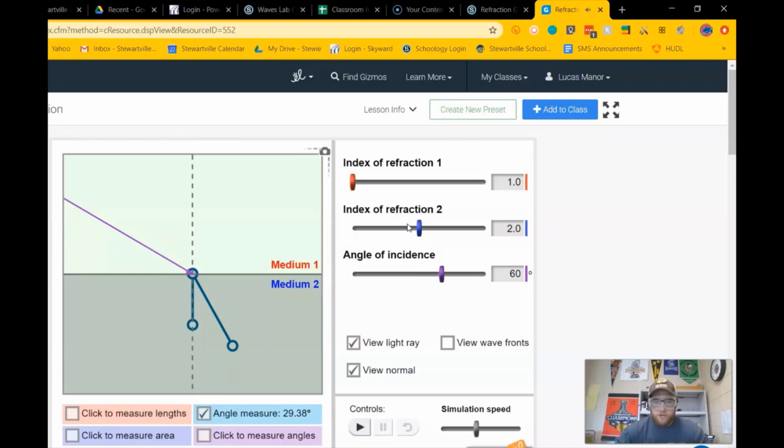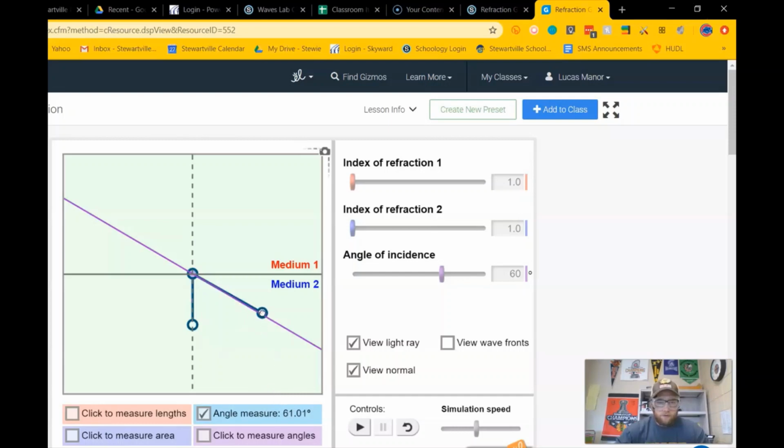And now we're going to change the index of refraction 2 based on what it tells us to do in the table. So our first one, we need our index of refraction 2 to be set to 1. Again, we adjust our protractor.